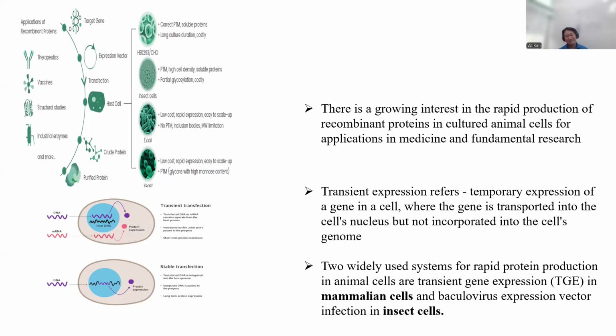Actually, for mammalian cell expression, we also use a plasmid, right? So the gene of interest, the gene we want to express, is cloned in the form of cDNA, complementary DNA.